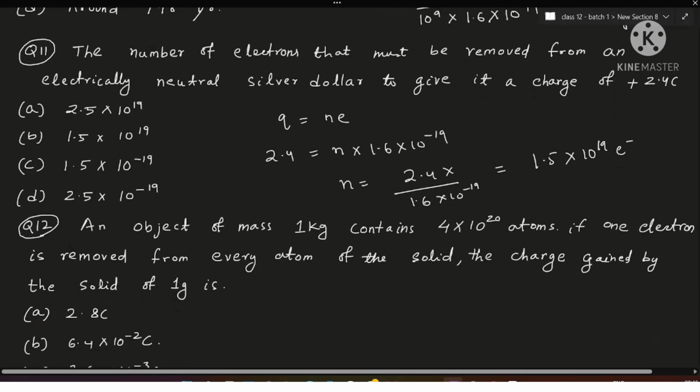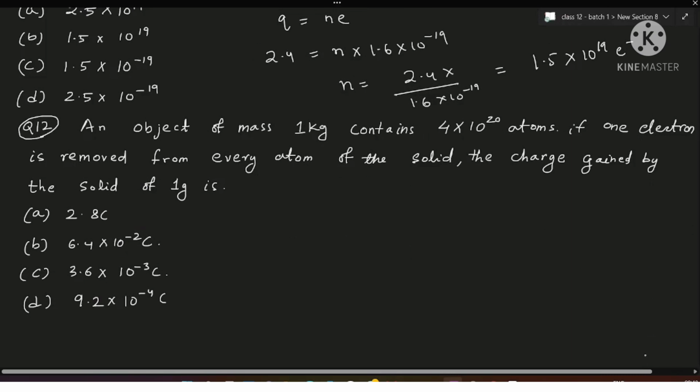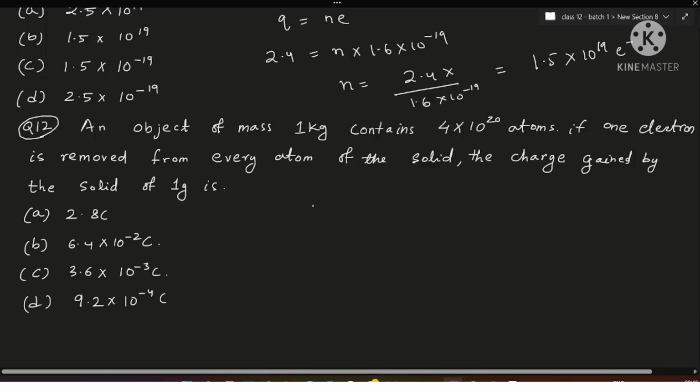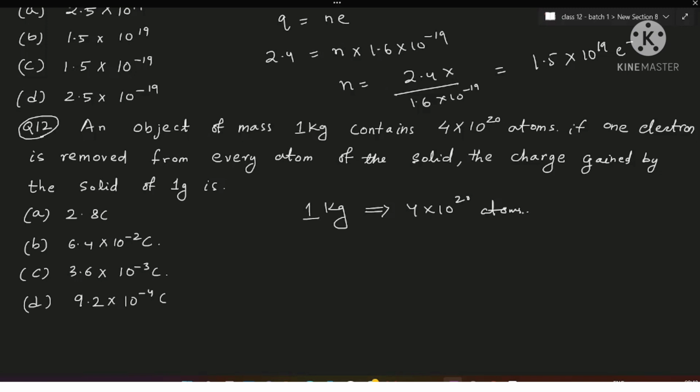Now the next question, last question. An object of mass 1 kg contains 4 into 10 to the power 20 atoms. So in 1 kg the number of atoms is 4 into 10 to the power 20. If one electron is removed from every atom of the solid, what is the charge gained by the solid of 1 gram?